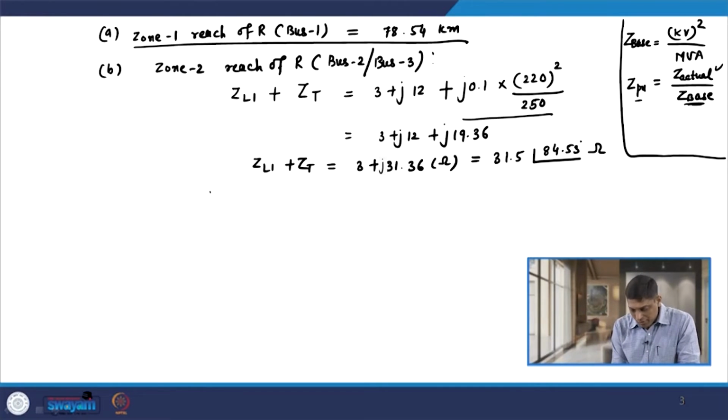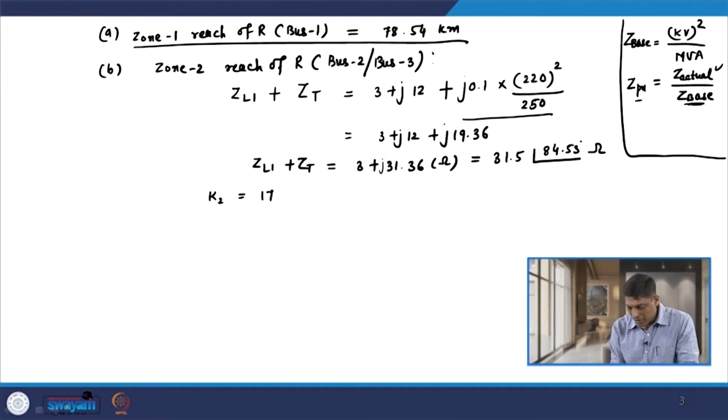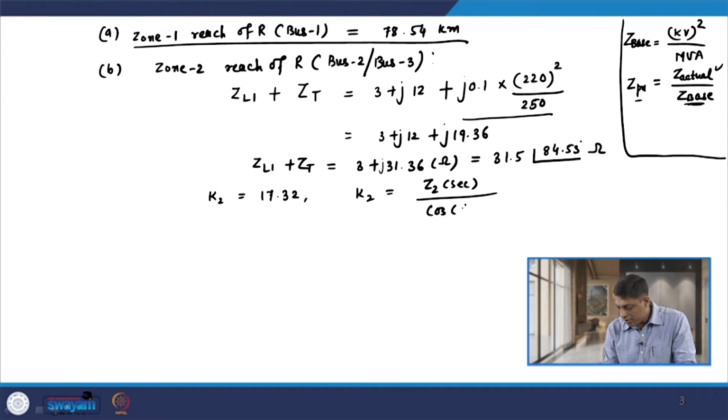Now, the value of K2 is given. K2 is equal to 17.32. We know that K2 is equal to Z2 secondary divided by cos of theta minus phi.